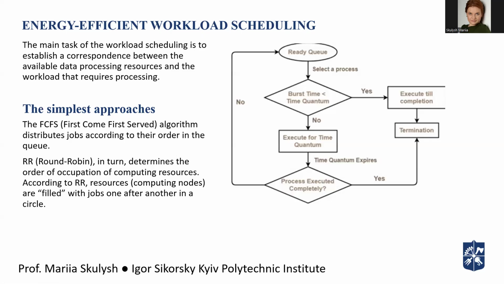The algorithm distributes jobs according to their order in the queue. For example, the round robin algorithm determines some task weights and looks at different points of the resource.